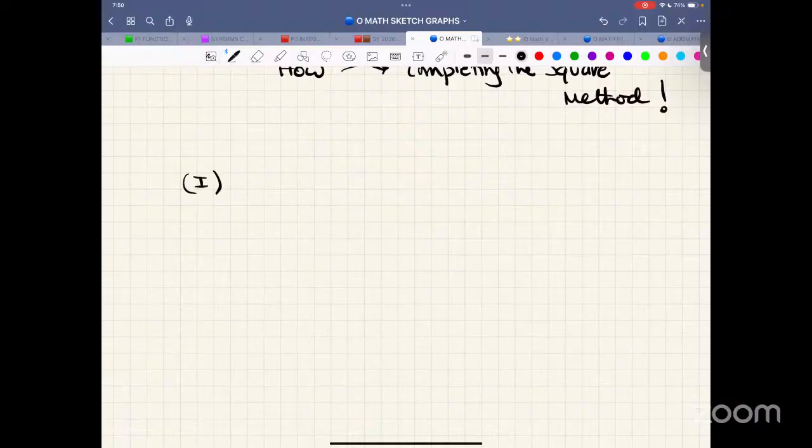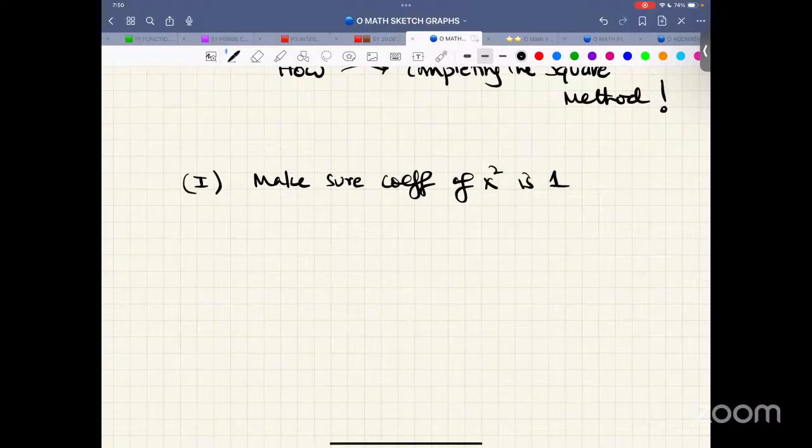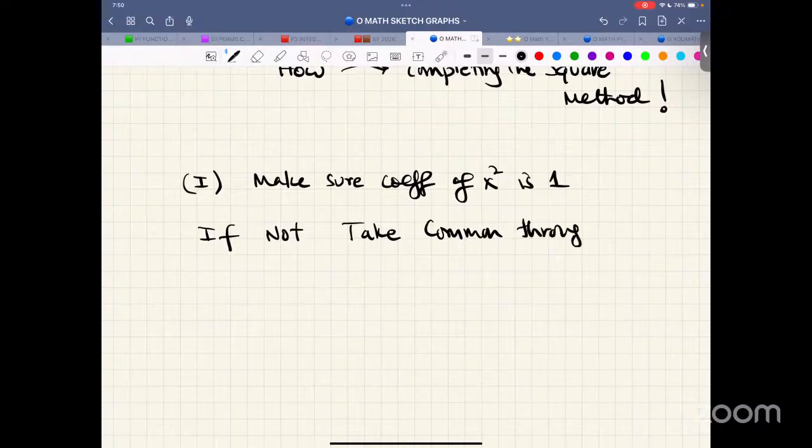The first thing, make sure coefficient of x square is 1. If not, take common throughout. I'll show you all these steps.